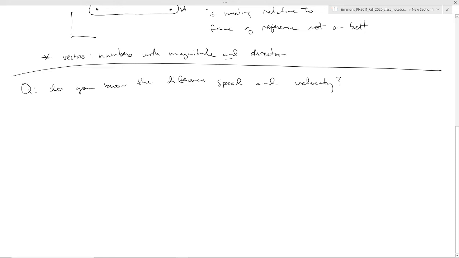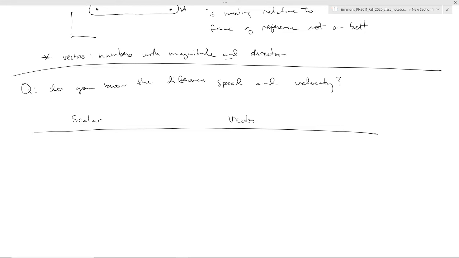So let's make a little chart of some of the different terms. A vector, as I mentioned above, is numbers with magnitude and direction. Scalars are just numbers with magnitude. They don't have a direction associated with them.